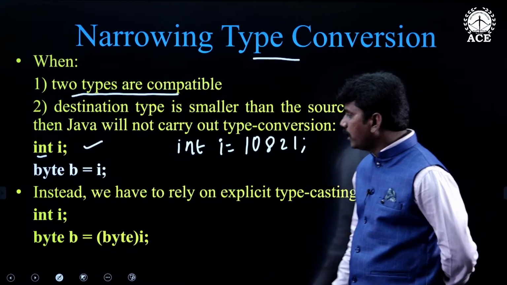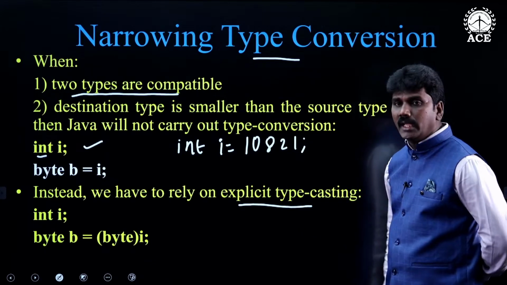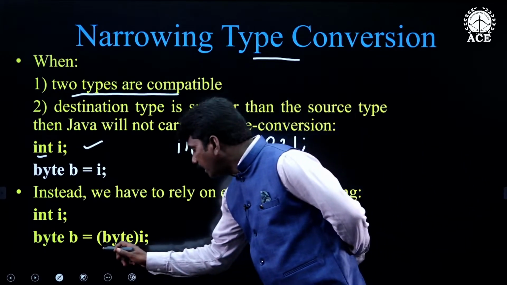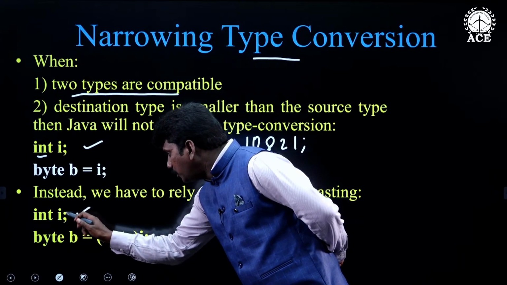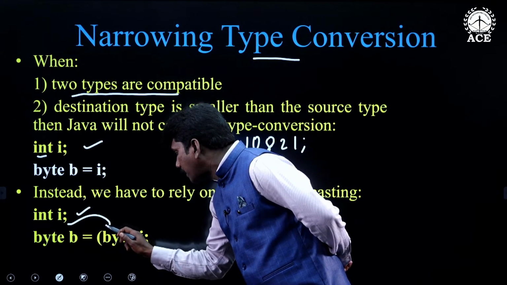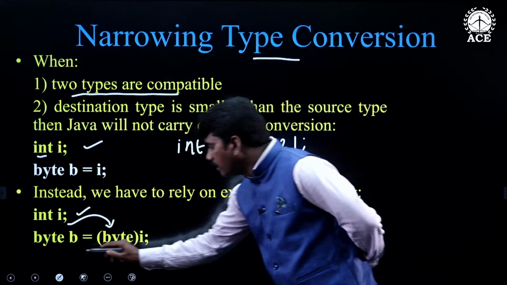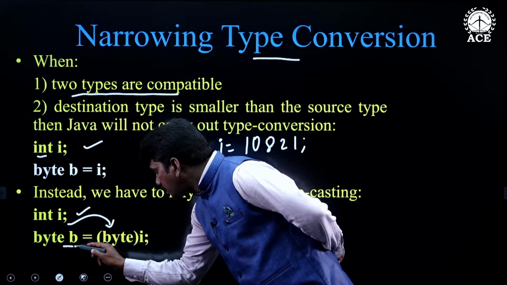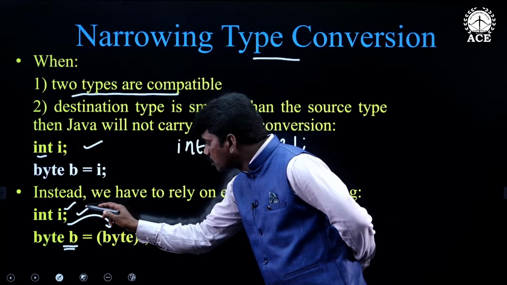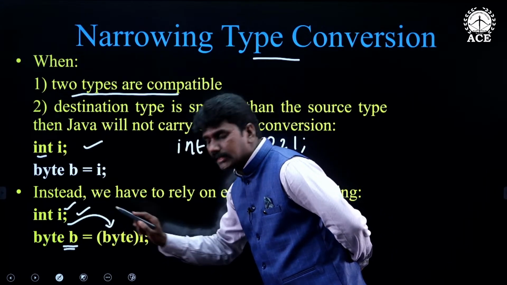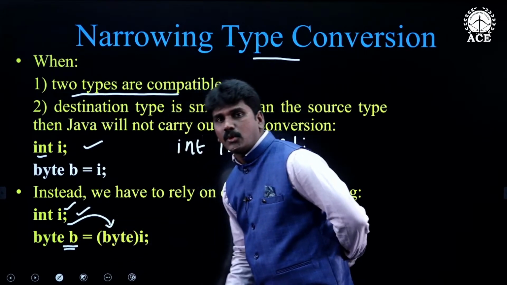So how will the narrowing be done? Instead, we have to rely on explicit type conversion. How the explicit type conversion will be is like this. Int I, and this I is going to be converted into byte type. This is nothing but the typecasting. Typecasting is nothing but this is the destination and I is the source. The source value we would like to store in the destination, but the destination size is smaller than the source size.